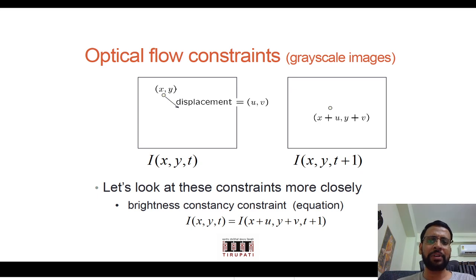Assume you have a pixel location x, y in the first frame with a specific intensity. The constraint is called the brightness constancy constraint. Our assumption here is that the brightness of the pixels remains the same despite a movement.